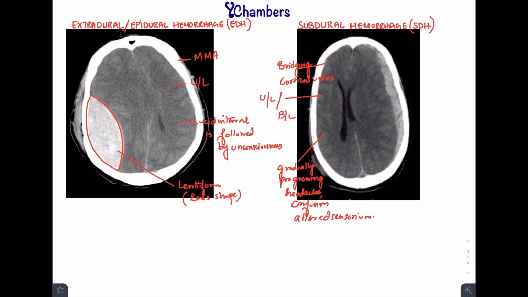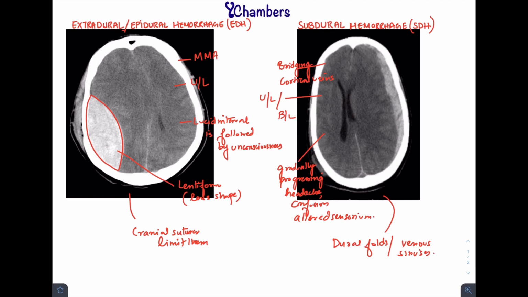Since it is present in the extradural space, the cranial sutures limit its spread. But in subdural hemorrhage, they are not limited by the cranial sutures but by the dural folds or the venous sinuses.